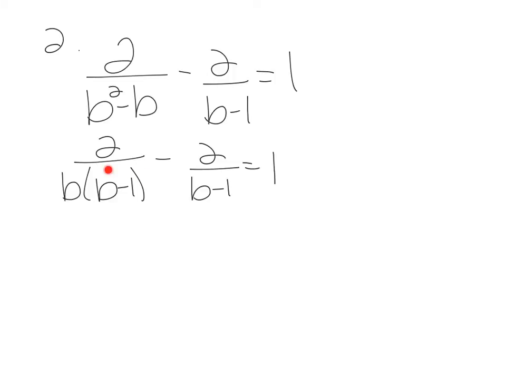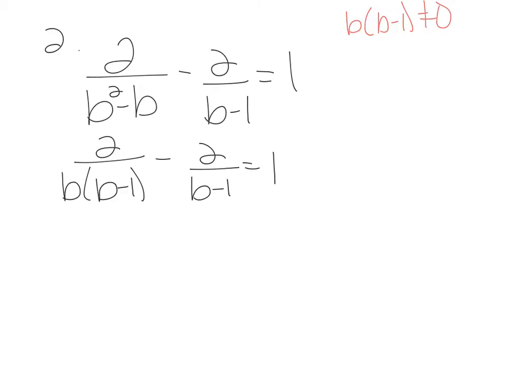Now you have to be careful here, because if you're not quite sure exactly what the restrictions would be, you would set your denominator equal to 0. So for this one, I know that b times b minus 1 can't equal 0. This looks like a factored expression, which makes sense because that's what we just did.